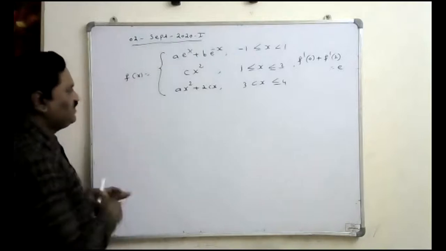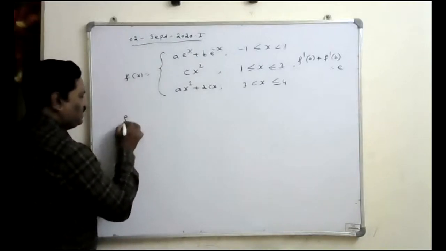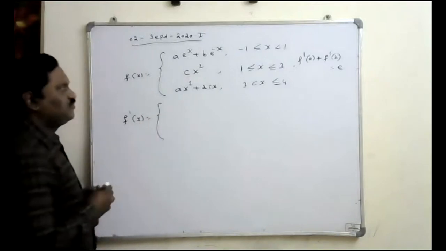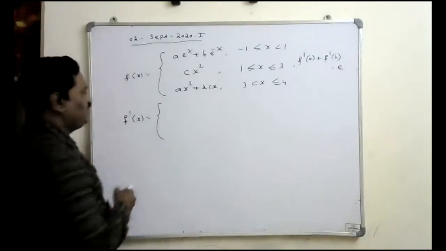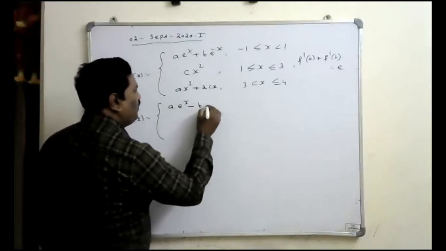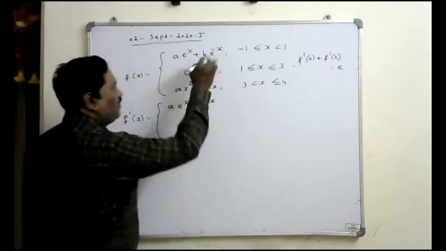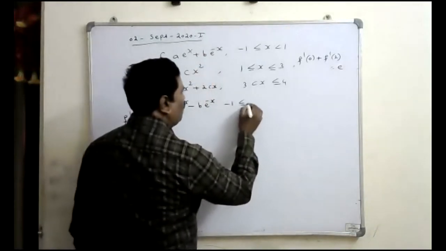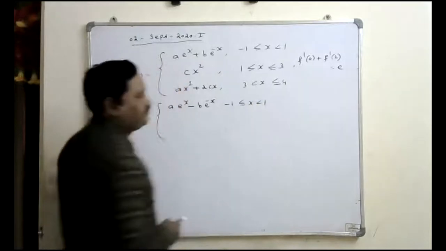First, we will differentiate this function. f'(x) is equal to a e^x minus b e^(-x) when x lies between -1 and 1.